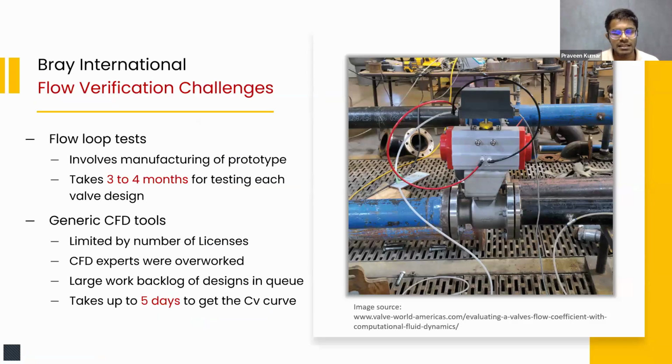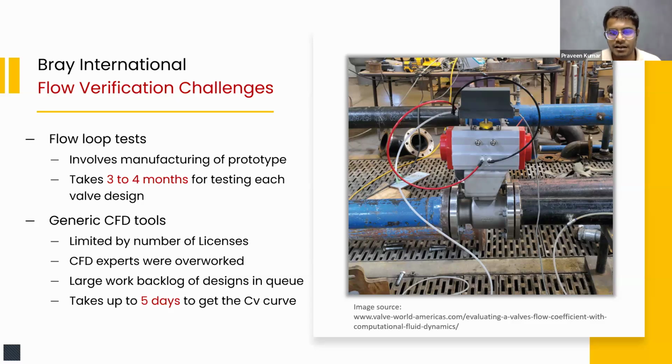The challenge they were facing before we entered was that the flow loop test they conducted, including prototype manufacturing, easily took 3 months for every valve design. They already had a CFD team and generic CFD tools, but again, they were limited by the number of licenses and the number of in-house CFD experts.